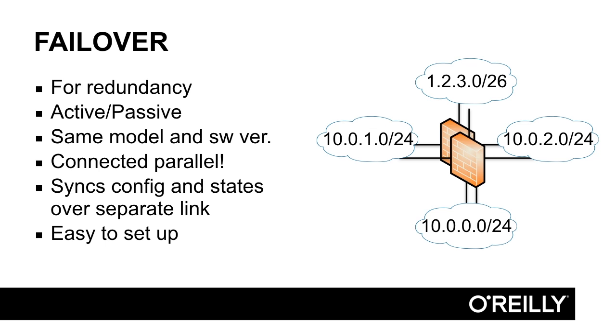The firewalls also need to be connected with one extra interface. Most commonly it is a crossover cable, an Ethernet cable between the two firewalls that is only being used for synchronization.